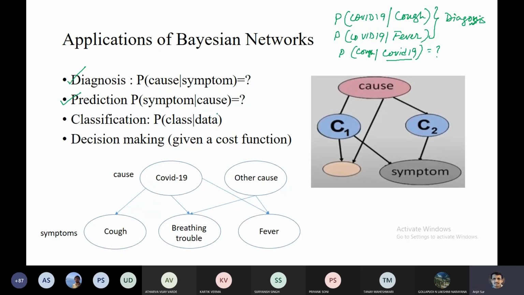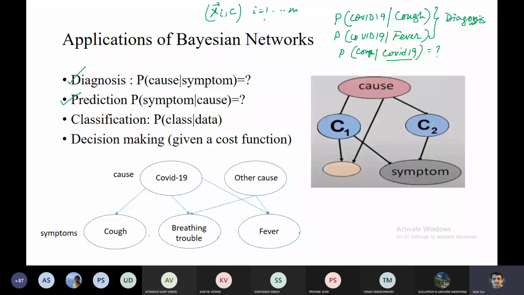Classification means that data are given, that is, data x_i and the corresponding class relationship given for i equals 1 to m data points. x may be a multidimensional thing.